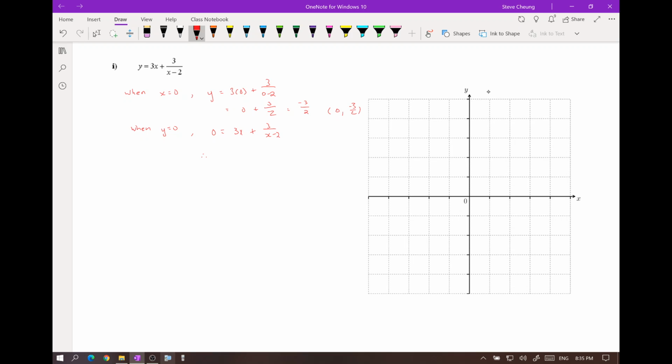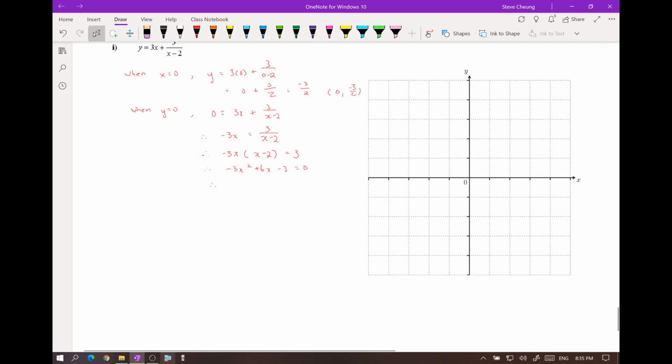Now there's a couple ways of doing it. I'm going to move negative 3x to the left. And I'm going to multiply out the denominator. Expand. I'm going to divide everything by negative 3. And then factorize.